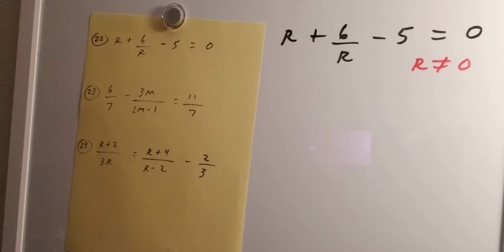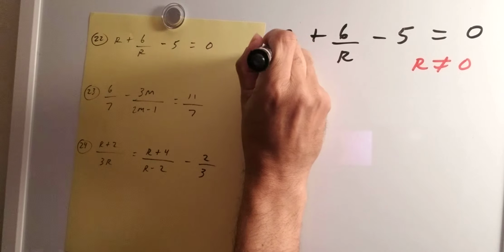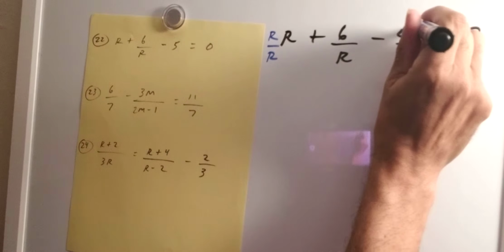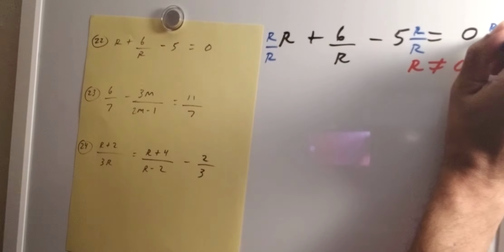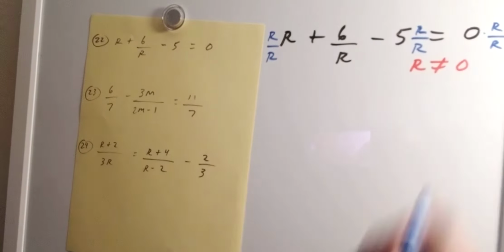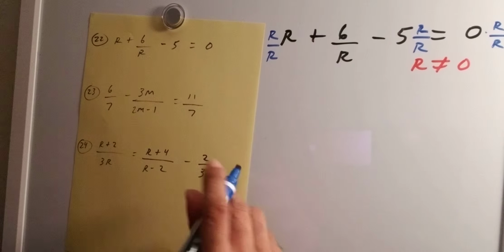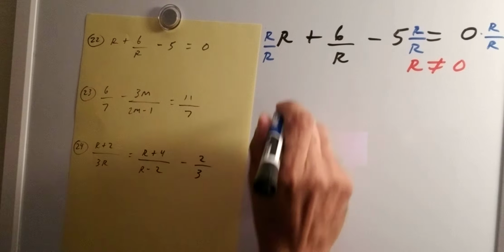Multiply the first term times R divided by R to get R in the denominator. Multiply this term, R divided by R, and even over here with the 0. Might not have a 0 over there, so you don't want to forget about it. Okay, denominators will be the same. We can disregard them because the restriction is accounted for.